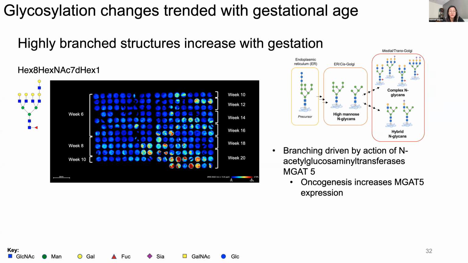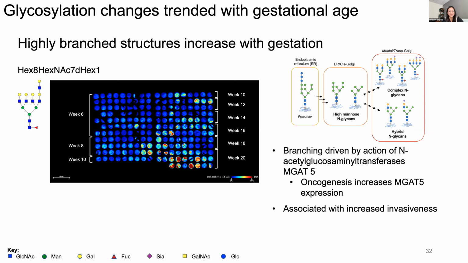The addition of the 4th branch is driven by the action of a glycosyltransferase enzyme known as MGAT5. It's known that many cancers increase MGAT5 expression, and these highly branched structures are one of the most common alterations in tumors compared to adjacent normal tissue.